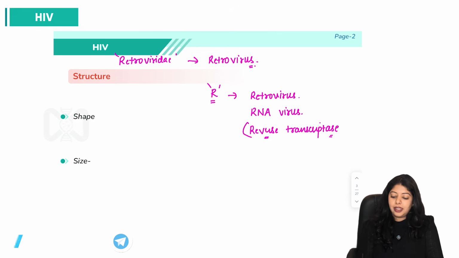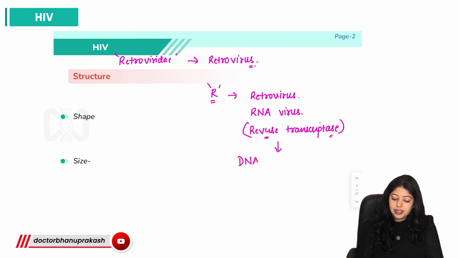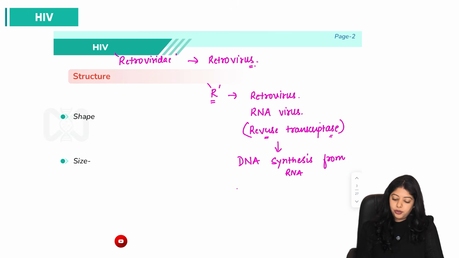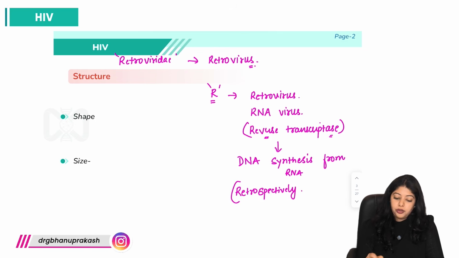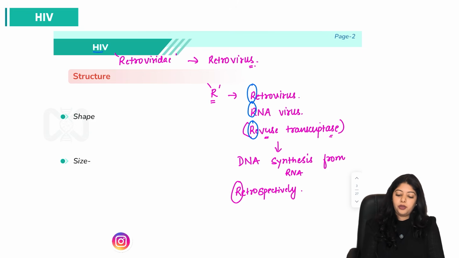So this enzyme synthesizes DNA from RNA, and that too retrospectively. So these are the important R's we must know whenever we talk about HIV virus or retrovirus.